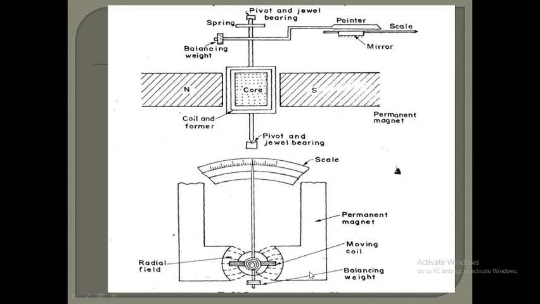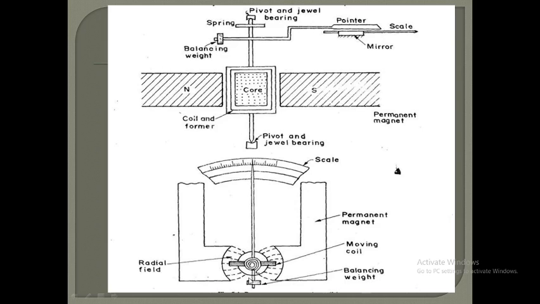So let's see in the diagram. This is our diagram. In the diagram we have the moving coil, and there is the pointer connected to it across the scale, and there is the permanent magnet, where the magnetic flux is produced from north to south region.